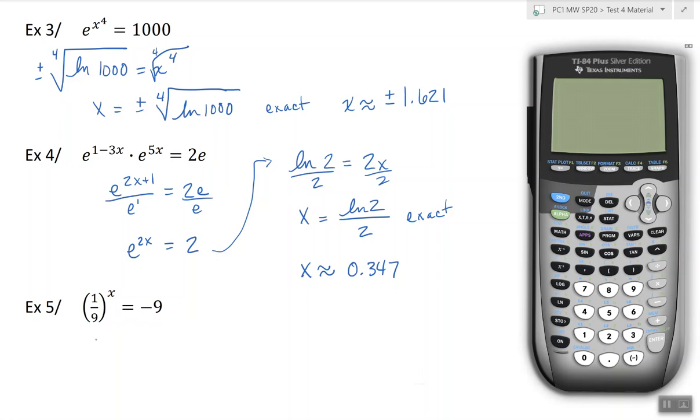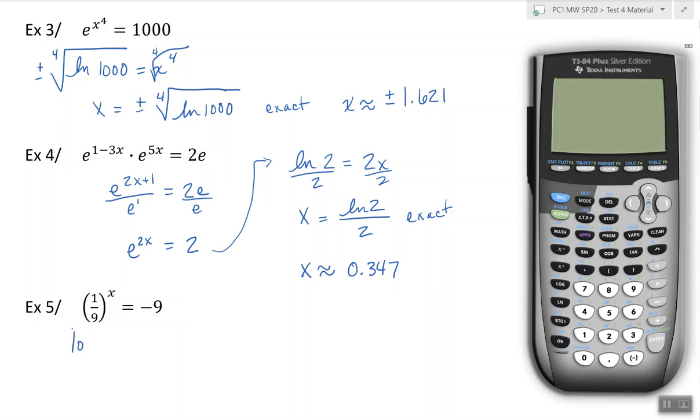On this problem, I can see that it's going to be no solution because I have some number to an exponent equals a negative number. There is no exponent you could put on a positive number that would turn it into a negative number. If you didn't recognize that right off, you can go ahead and try to solve by changing it to log form, say.